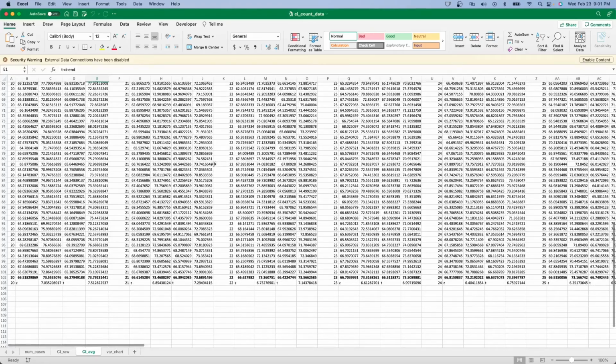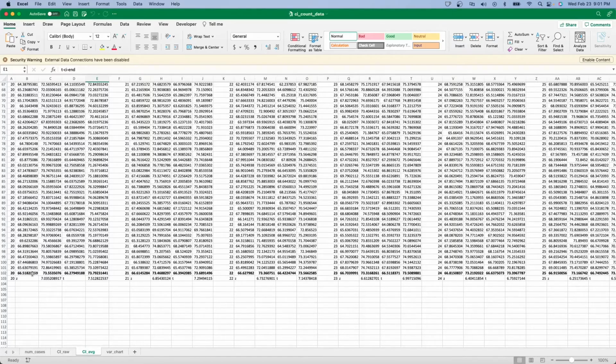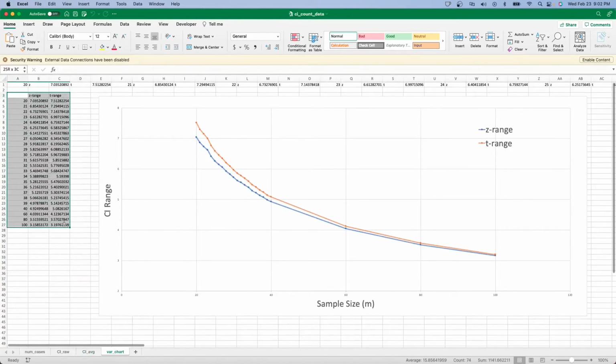Then I took the average for every column: the average start for the Z, average end for the Z, average start and end for the T, and then I took the difference to find the range, or the total width of each confidence interval for the Z and for the T. I pulled this bottom row out and put it here. So we have the number of samples, or the sample size, and the Z range and the T range, and then I plotted them.